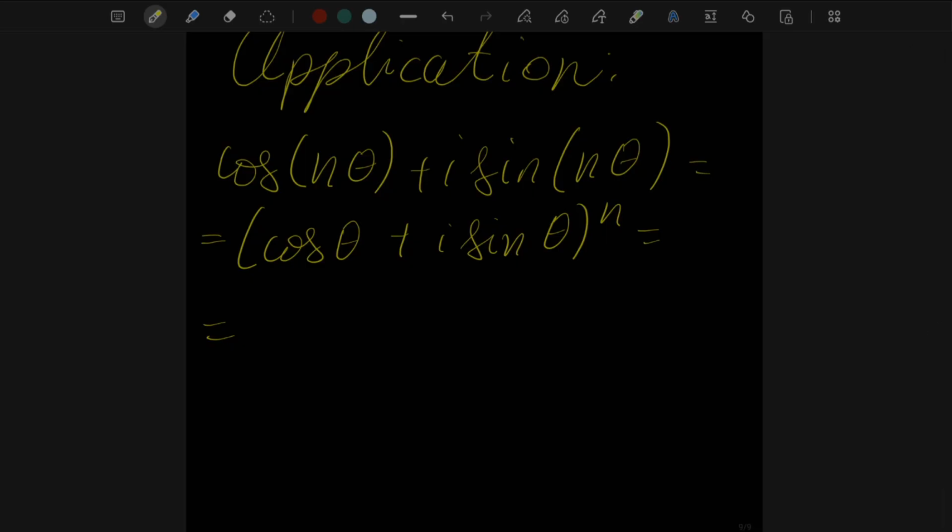But now we can expand it using the binomial formula, and we will get the formulas for the cosine of n theta and sine of n theta, by taking the real and imaginary parts.